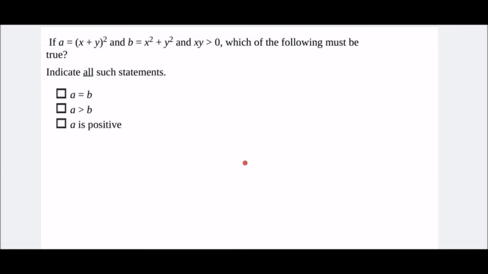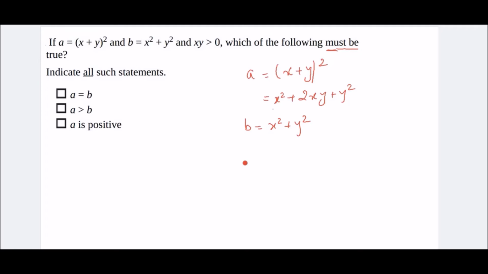Here is our next question. If a is equal to (x plus y) whole square and b is equal to x square plus y square, and xy is greater than 0, which of the following must be true? We have to be careful about "must be." That means in each condition it should be true. So see here, a is equal to (x plus y) whole square, and that will become x square plus 2xy plus y square, and b is equal to x square plus y square.